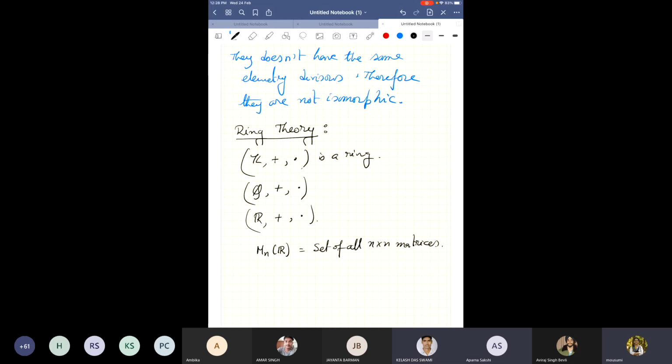Addition, for group. Yes. So addition of matrices forms a group, and multiplication of matrices.